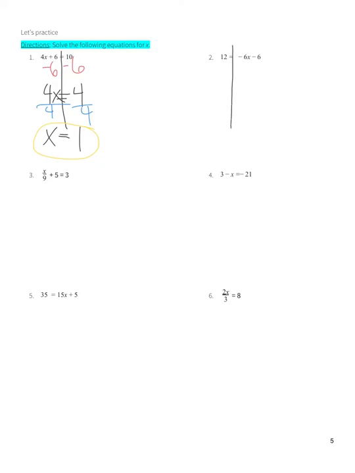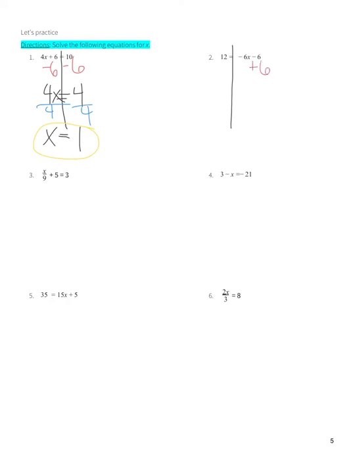My third step is to undo any addition or subtraction. But look right here, I have a minus 6. So in order to undo or get rid of this 6, I need to do the inverse operation or opposite. What is the opposite of subtracting 6? Adding 6. So I need to add 6 to both sides of the equation.